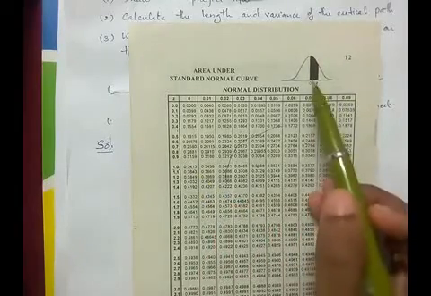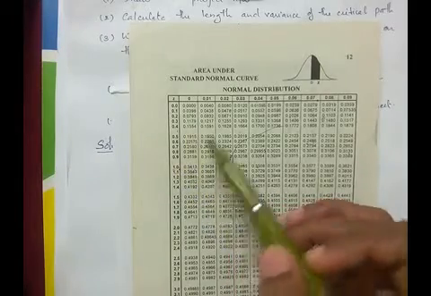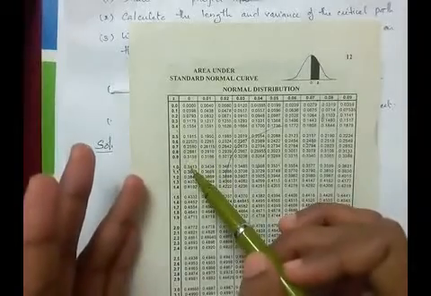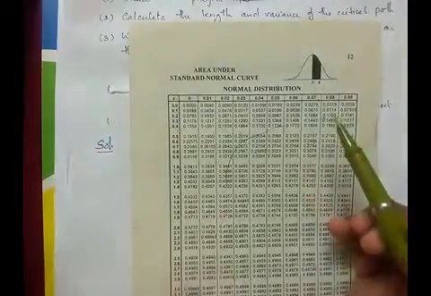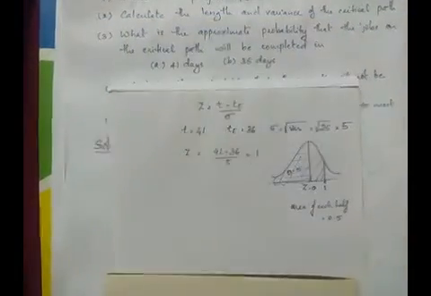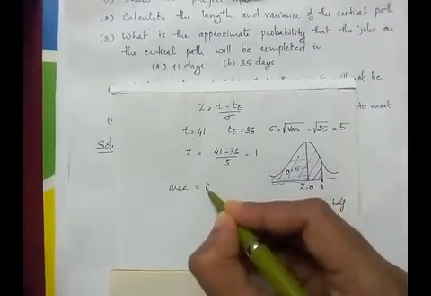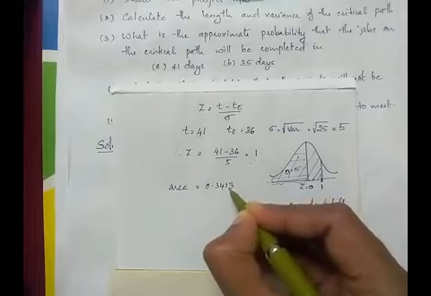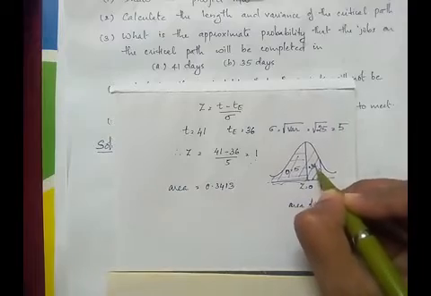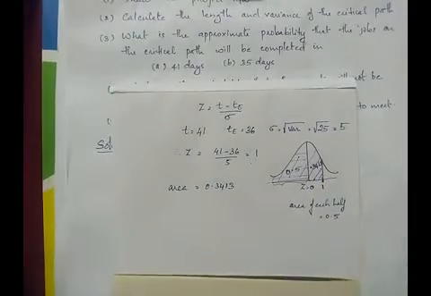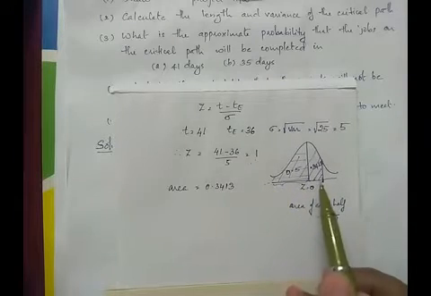That means the value which we get from this table will be the area covering from 0 till that particular value. So for Z equal to 1, the area we got is 0.3413. That means in the figure this portion is 0.3413. Now we want the area from the left end till 1.